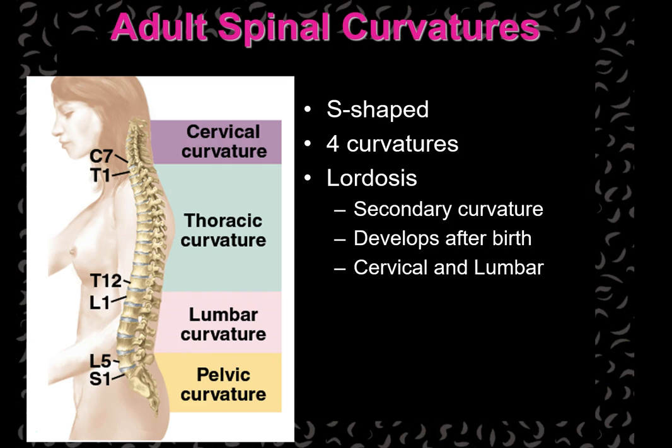And it's found in the cervical and lumbar regions. Okay. So they alternate. We go for cervical lordosis, thoracic kyphosis, lumbar lordosis, sacral kyphosis. Okay.